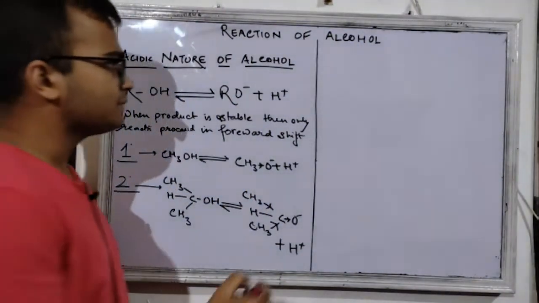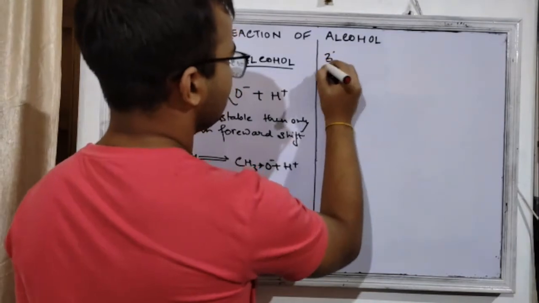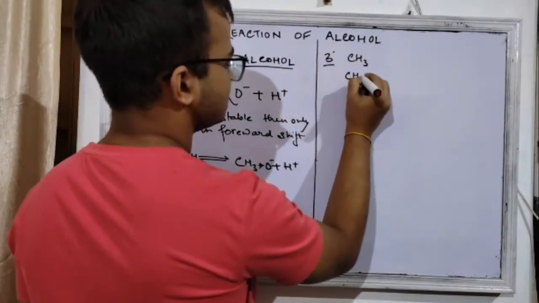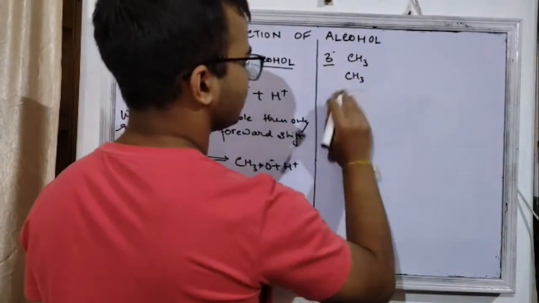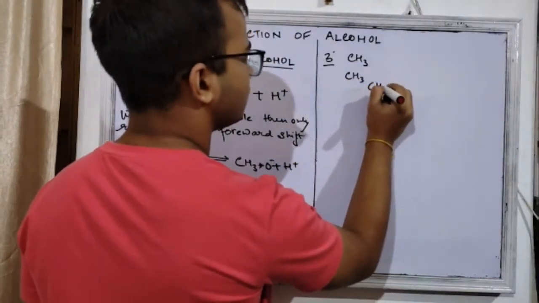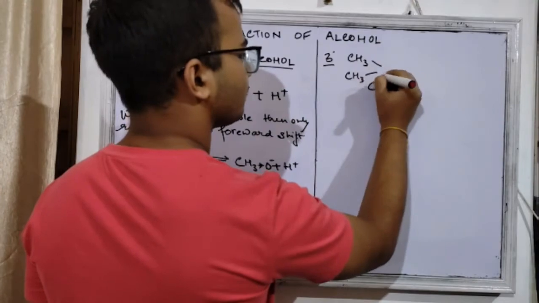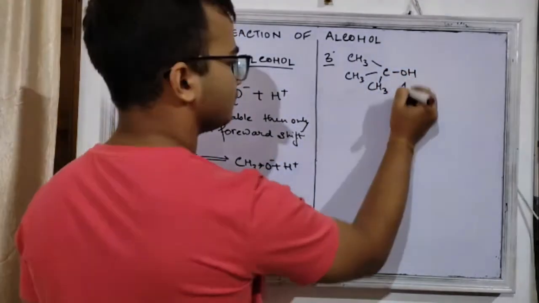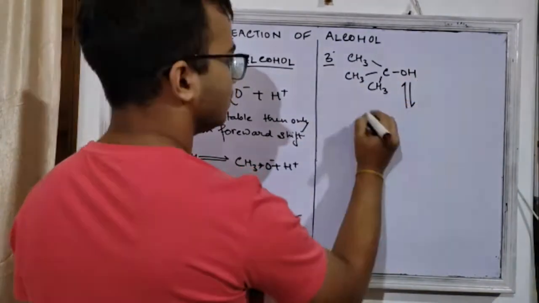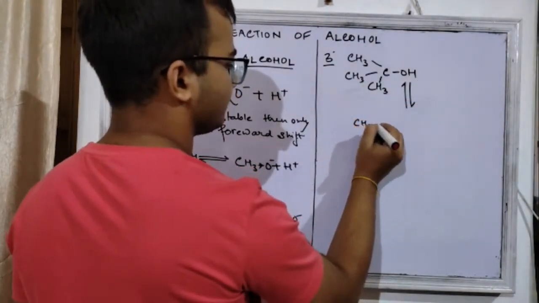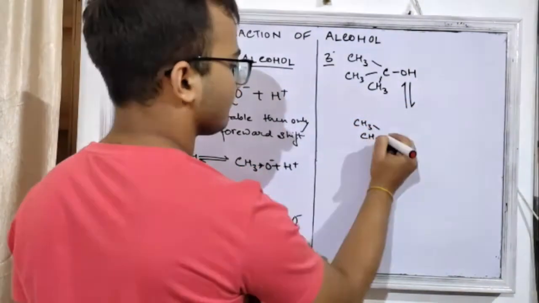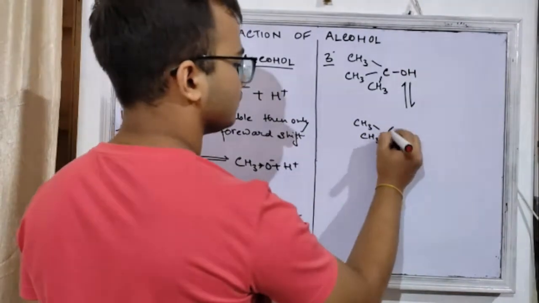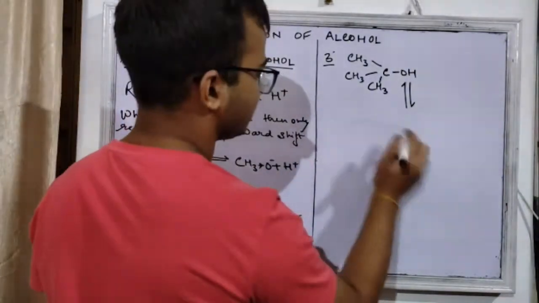Now if the same thing happens for the 3 degree alcohol, it will be like this: CH3 CH3 CH3. This is the example of a 3 degree alcohol. Okay, this is CH3OH. Now when it will dissociate, I am doing it downwards, it will become CH3 CH3, the C will be here, let's make it a bit clear.